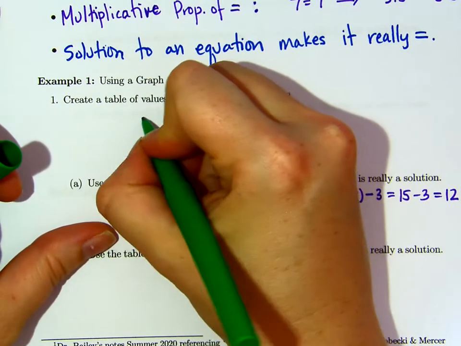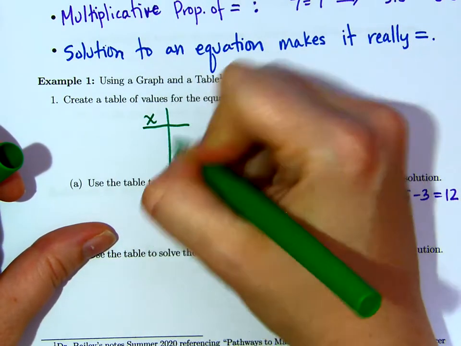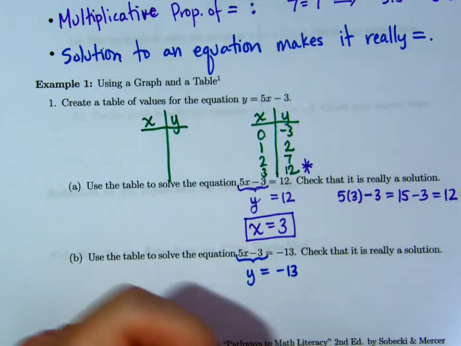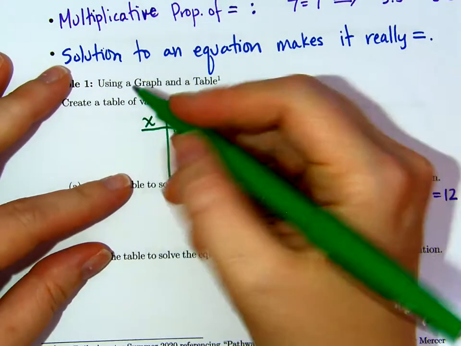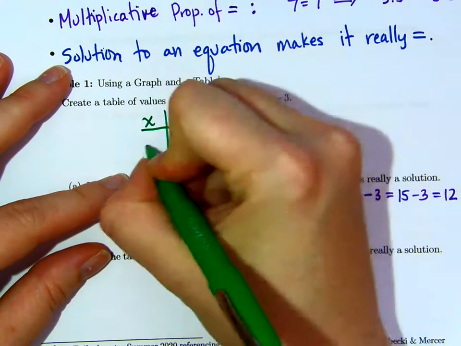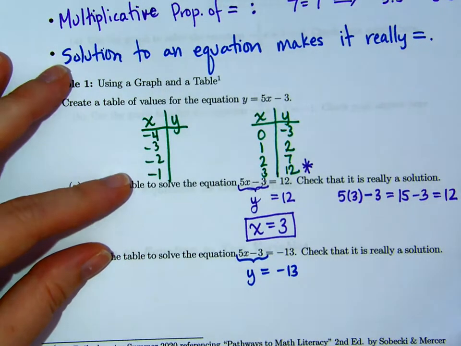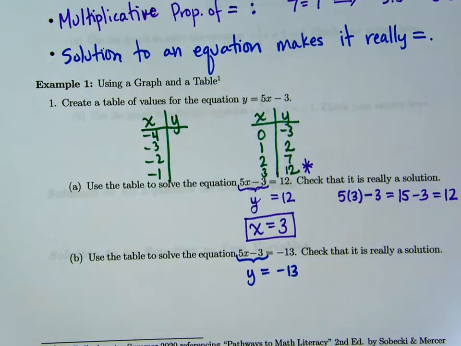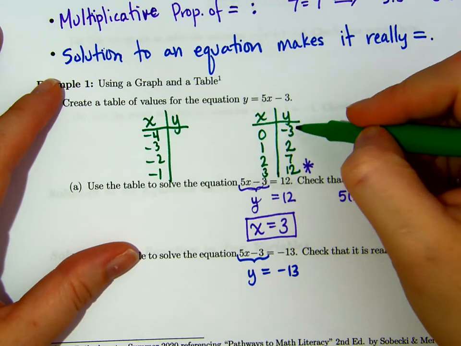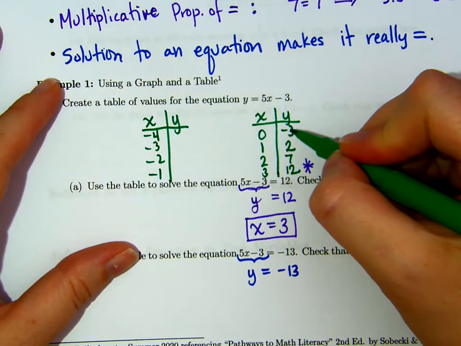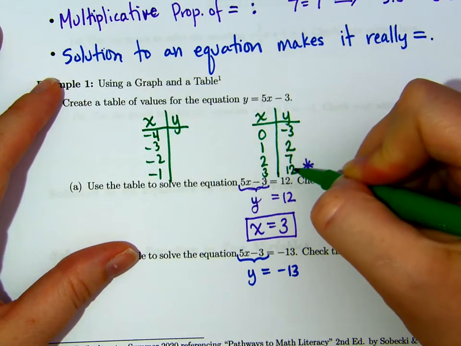Let's go maybe over here. And we're going to go backwards. So maybe negative 1, negative 2, negative 3, negative 4. Hopefully it'll be in there somewhere. Okay. I did notice that this is a linear equation and our pattern was plus 5, plus 5, plus 5.